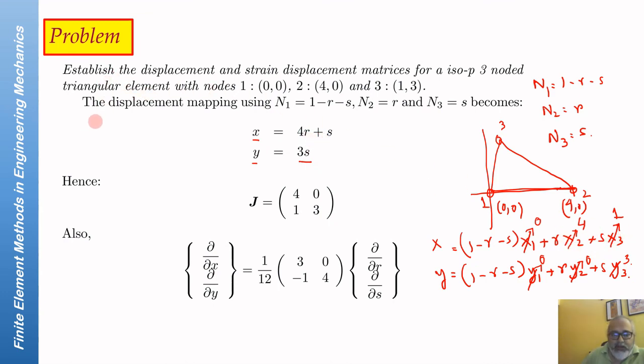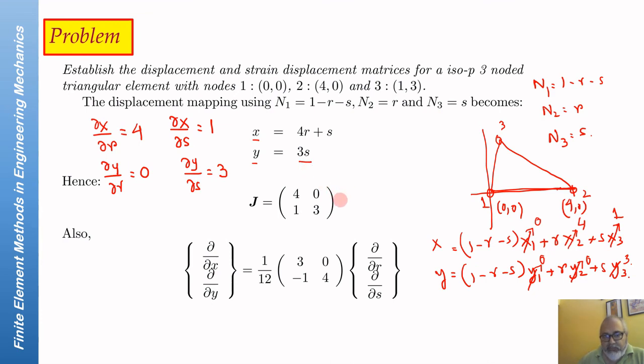So you calculate del x del r, that would be 4, del x del s, that would be 1, del y del r, that would be 0, and del y del s, that would be 3. So this becomes your Jacobian.